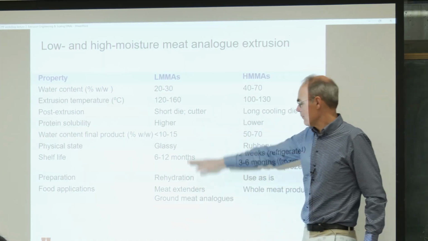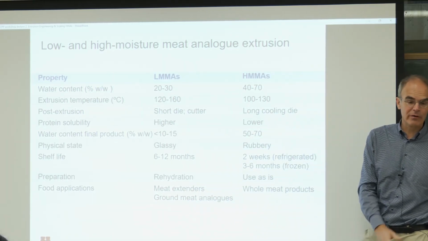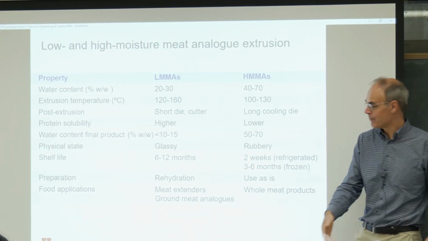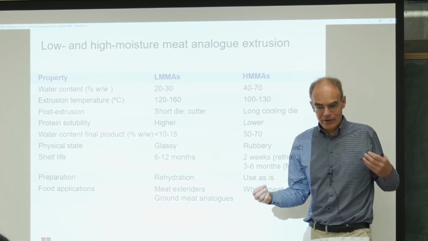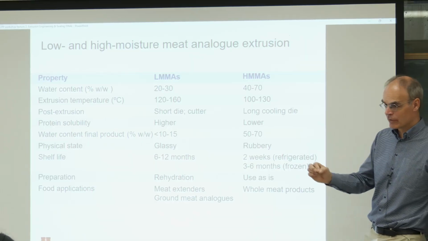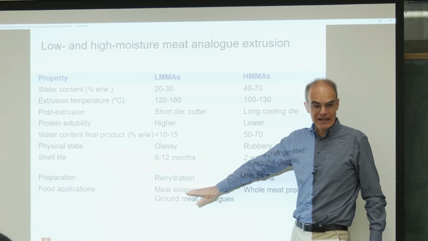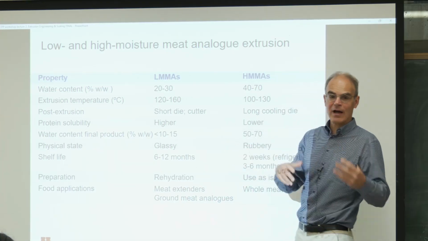And then where you apply them, meat extenders, they're a great application there in ground beef or so. You can add some of that. You hardly notice it. In some sense, if you do it well, it even improves some of the sensory characteristics of especially lean ground beef. Beefs usually get texturally better if you have some fat.